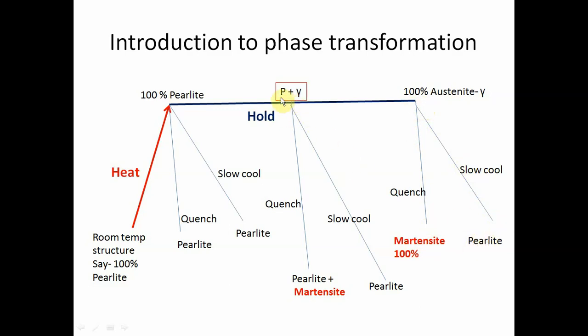This indicates an intermittent hold for some period, so it will show a combination of pearlite and austenite as a microstructure. When this pearlite and austenitic structure is transformed with different cooling rates, it will form a pearlite plus martensitic structure.